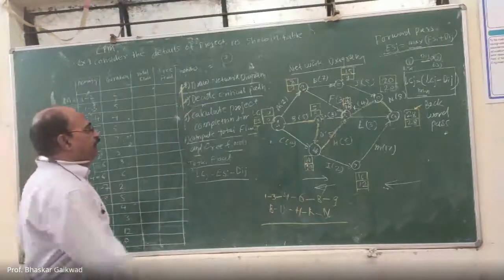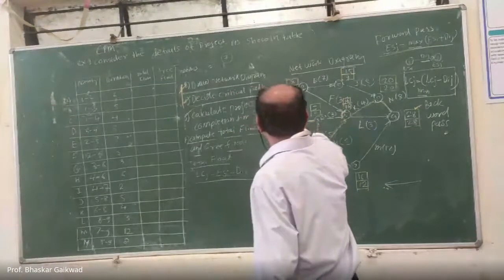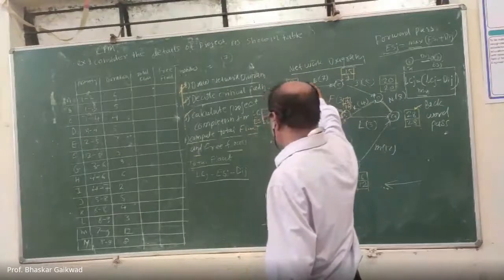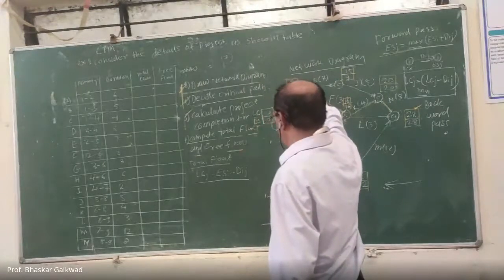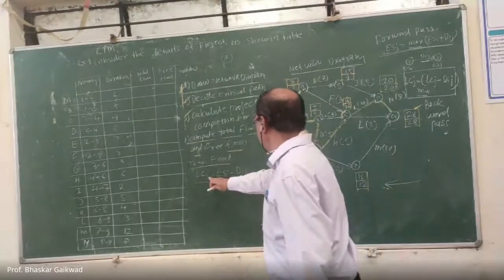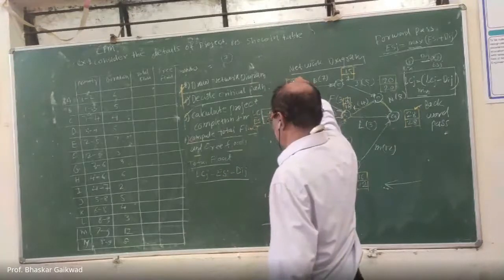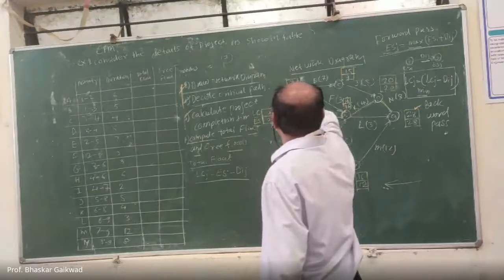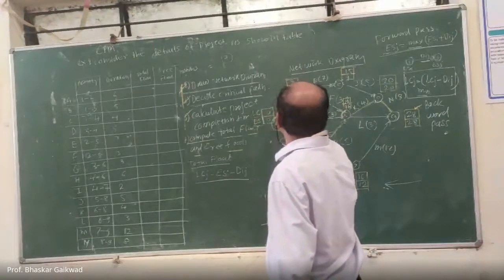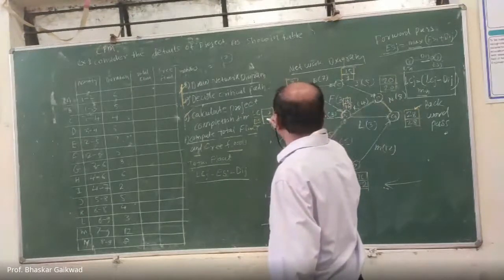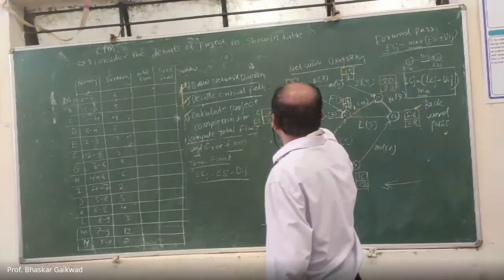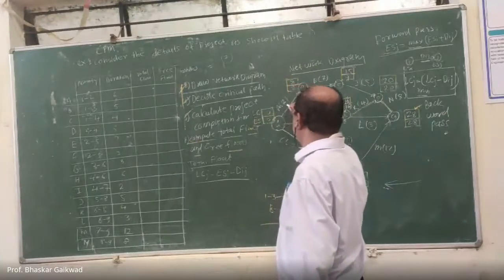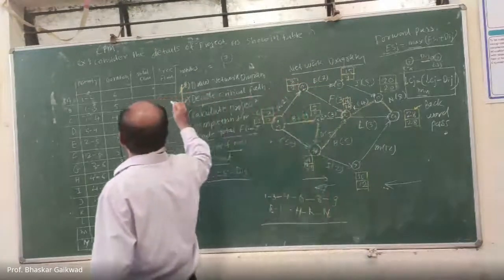So for activity 1 to 2, what is LCJ? LCJ is 8. And what is ESI? ESI is 0. So 8 minus 0 minus the duration, which is 6. So here you can write 6.